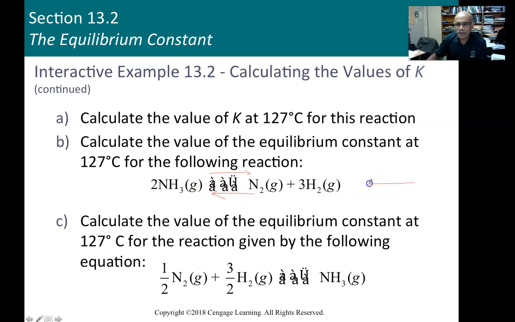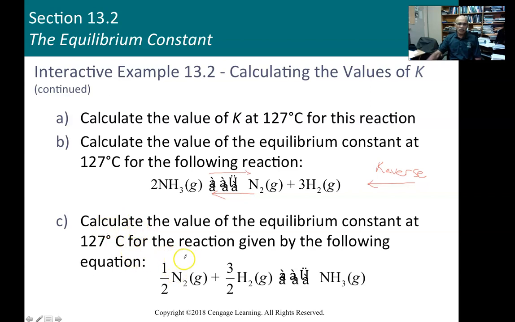Let me just say, it was the reverse of the reaction we looked at previously. So this is the reverse reaction. So keep a note on the forward and the reverse process. Same reaction, same temperature. And now let's look at this third scenario here.